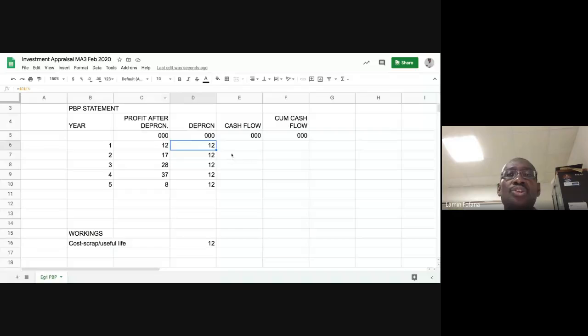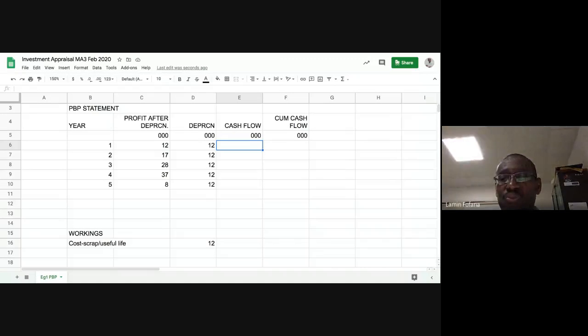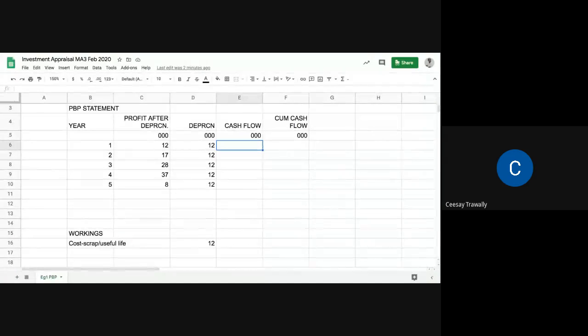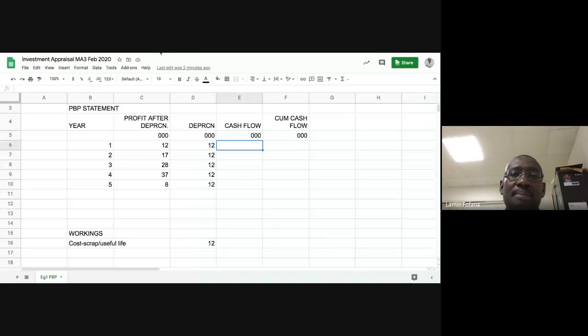So the next column where it says cash flow, what do we do to get the cash flow? Do we add back the depreciation, or do we deduct the depreciation from the profit after depreciation? Do we deduct? No, we add the profit after depreciation plus the depreciation. We add it back. Excellent.